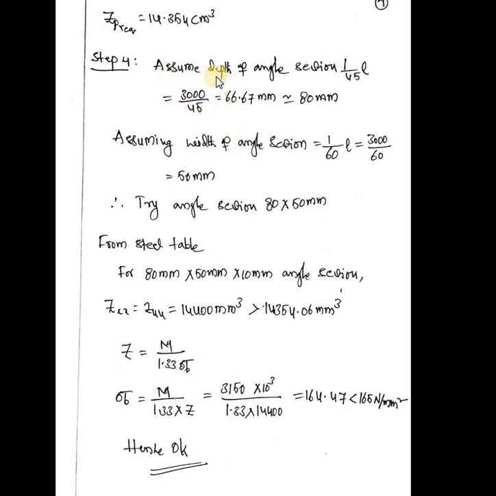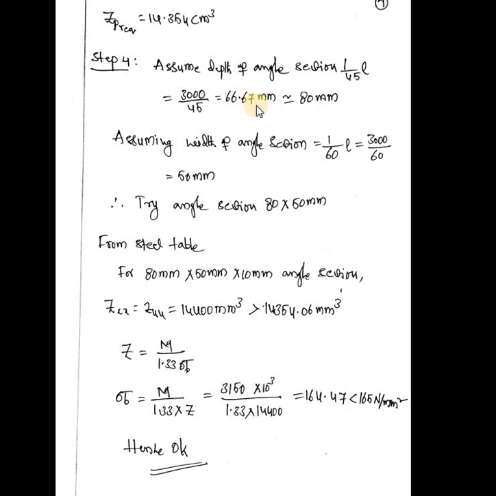Now coming to depth of the angle section, L by 45, you got 66.67 mm. Always we know that when depth is more, bending stresses will be less. For that reason I am increasing this value to approximately 80 mm.